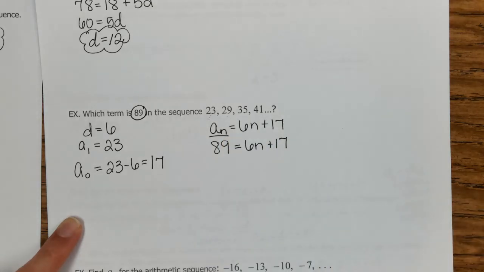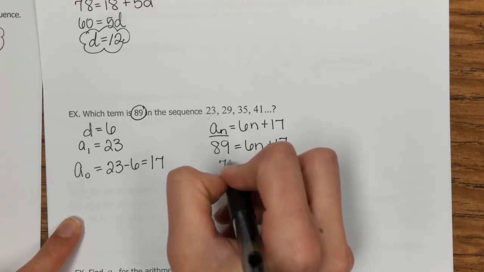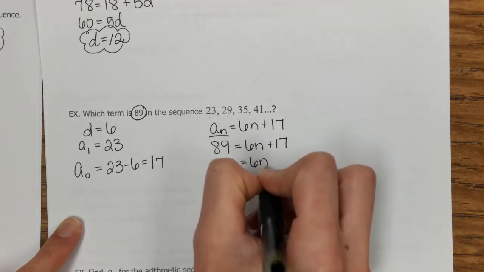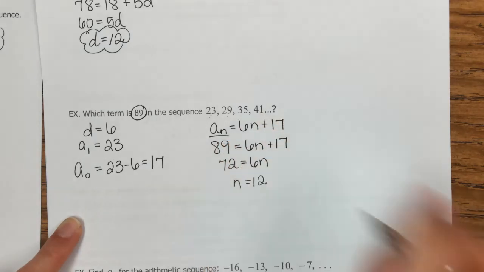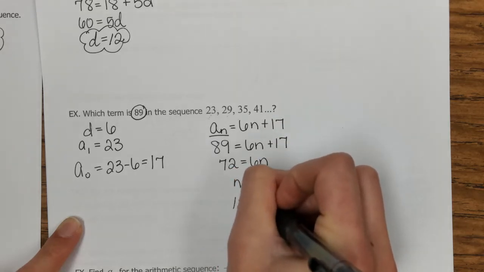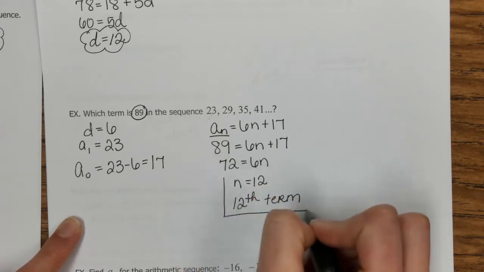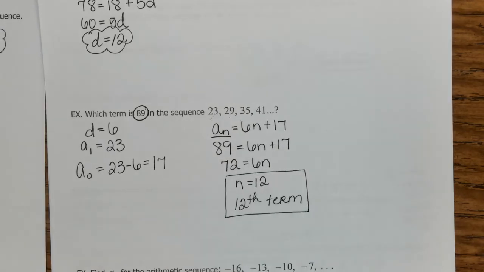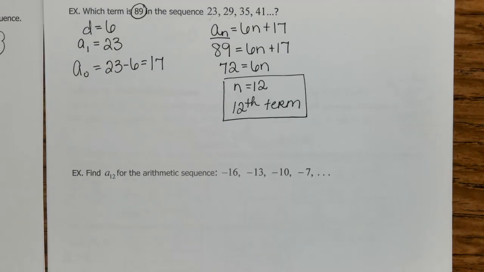So in order to solve for N, I need to subtract 17. 89 minus 17. Divide by 6, and N is equal to 12. So 89 is the 12th term. Y'all good with that?